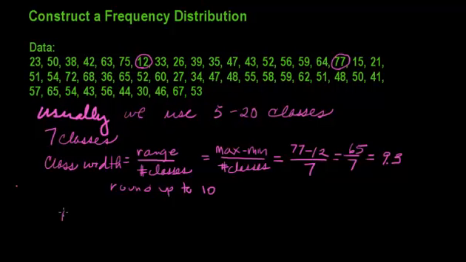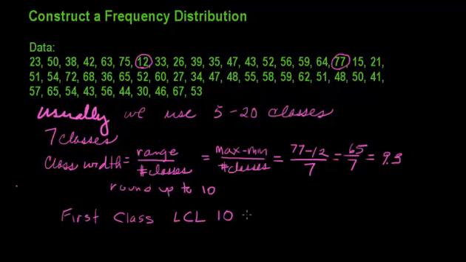So let's say that our first class will have a lower class limit of 10. Well, then what's the upper class limit for the first class? Well, we said it's going to have a width of 10. And what that means is, with our whole number data here, we'll have 10 possible scores in that first class.